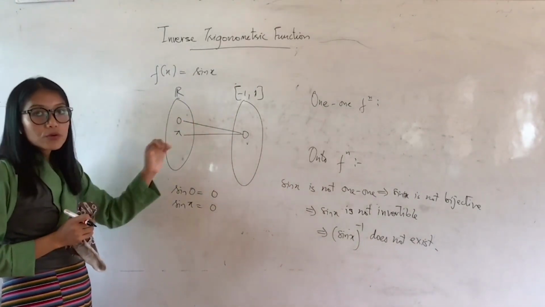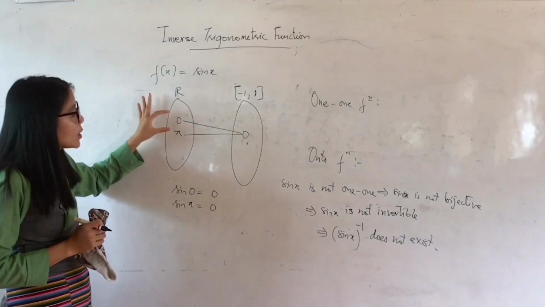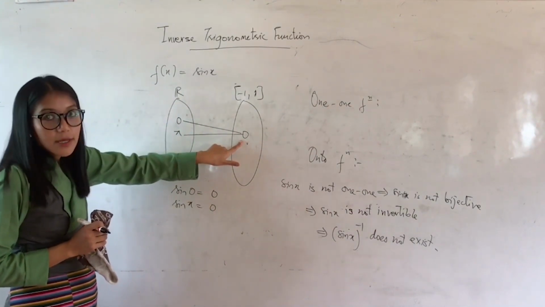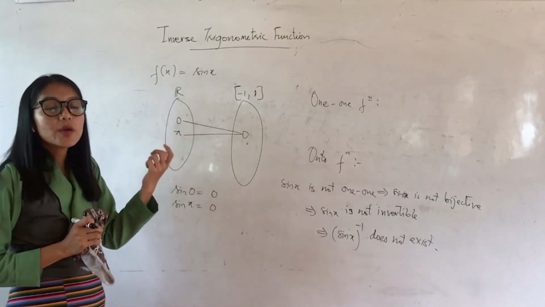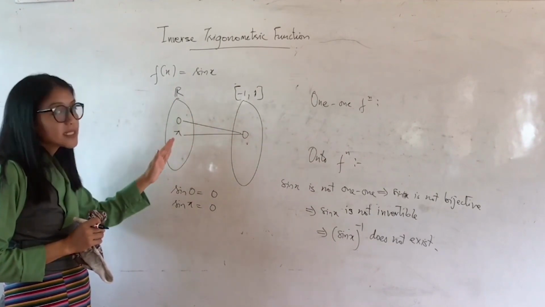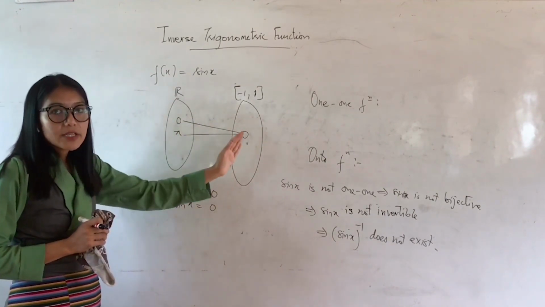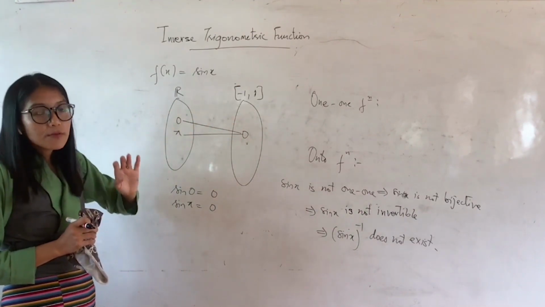First, just try to understand this concept. I've shown you through arrow diagram. For these two elements, you are getting the same image here, which means the sine is not a 1-1 function, because for the function to be 1-1, what we should have is every element in the first set should have distinct image in the second set. So this is contradicting the statement of 1-1 function.